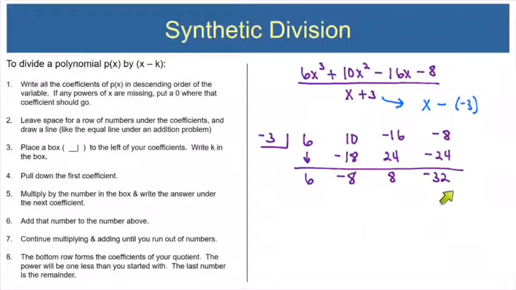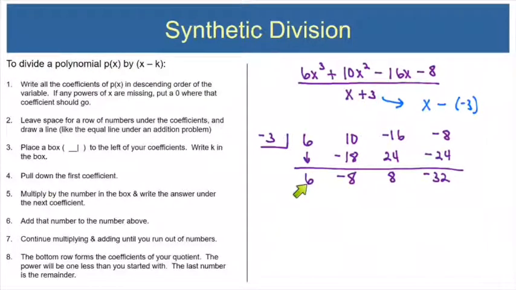Okay, now remember, this represents your quotient. The bottom row forms the coefficients of your quotient. The power will be one less than you started with. The last number is the remainder. So we started with x to the third. Therefore, this must represent the x squared term.